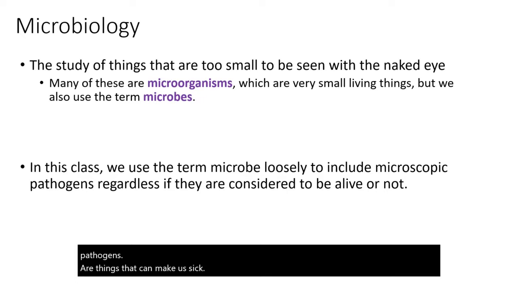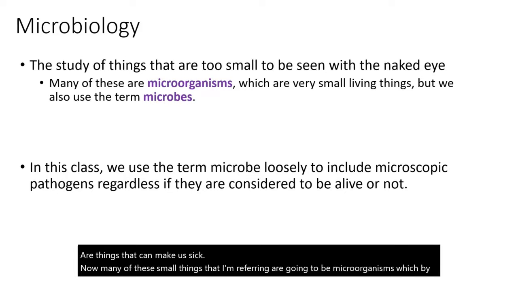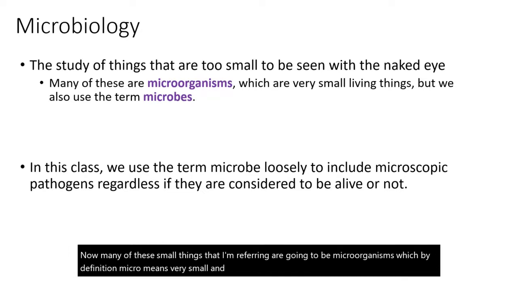Now, many of these small things that I'm referring to are going to be microorganisms, which by definition, micro means very small, and organism is a living thing. So many of the pathogens we're going to be talking about are living organisms, okay?